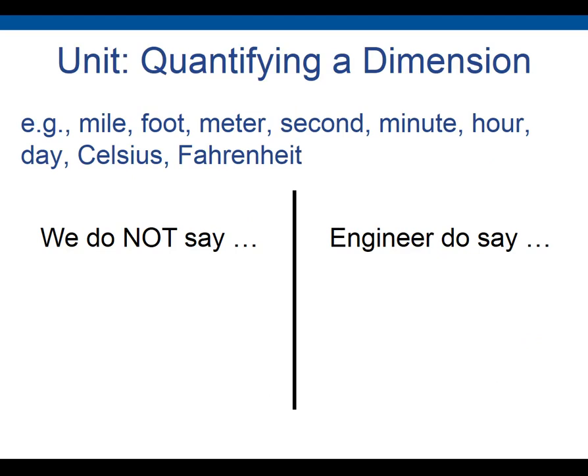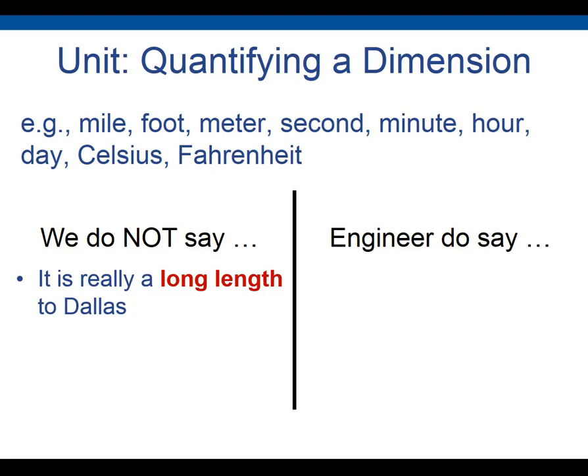As I mentioned, an engineer's job is to solve problems. There are always problems, and engineers need to solve them. Engineers should not say something like, it is a really long length to Dallas.